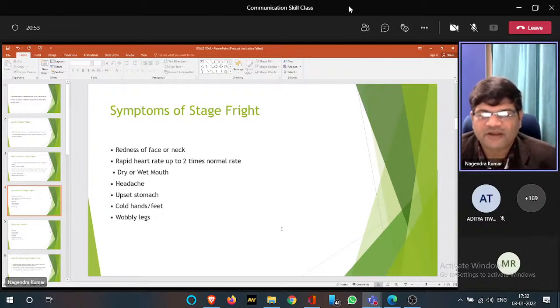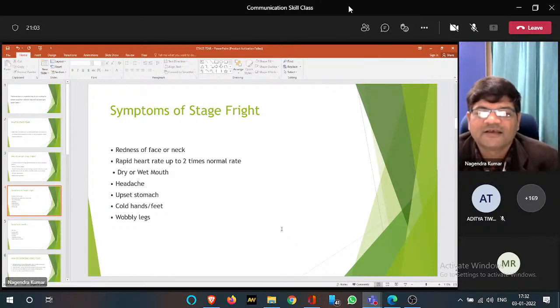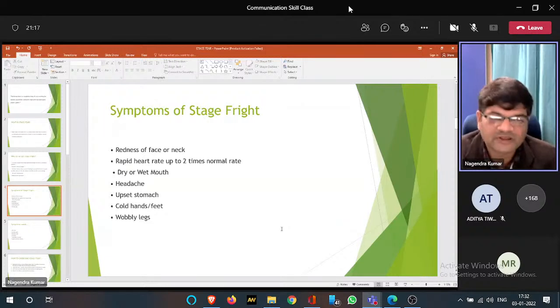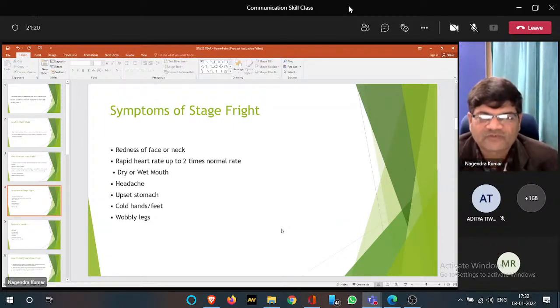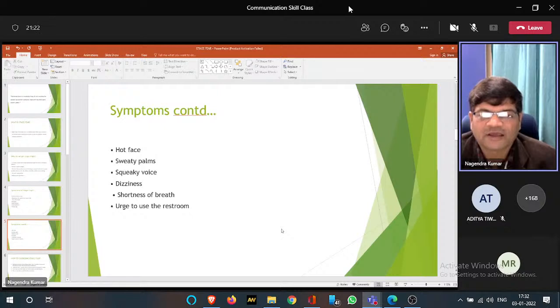The hands and feet go cold. You're not able to balance your body, so you are going helter-skelter. So, I mean, there is shaking of your legs. I mean, these are all signs and symptoms that you are not your normal self. And coupled with that, there may be some more symptoms, as I said, hot flushes, sweaty palms.